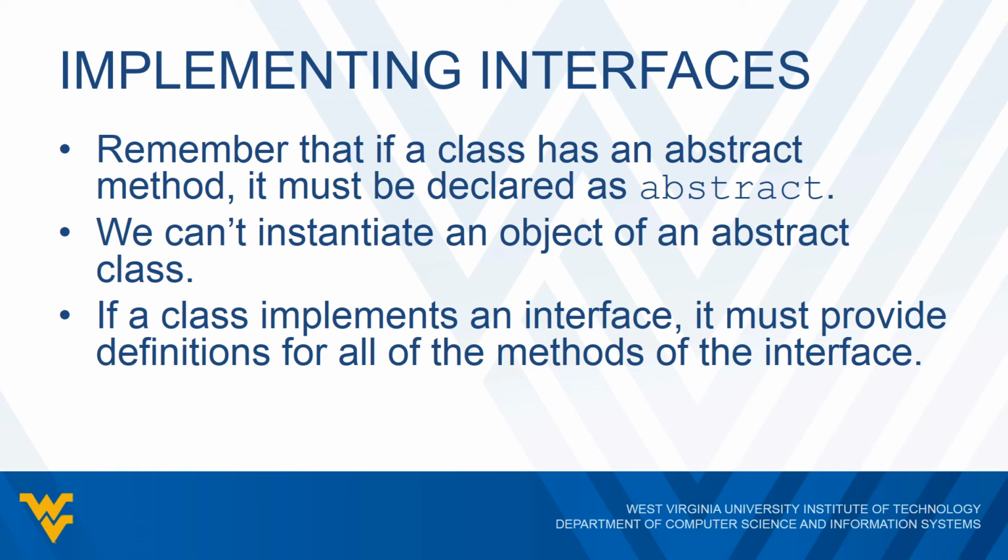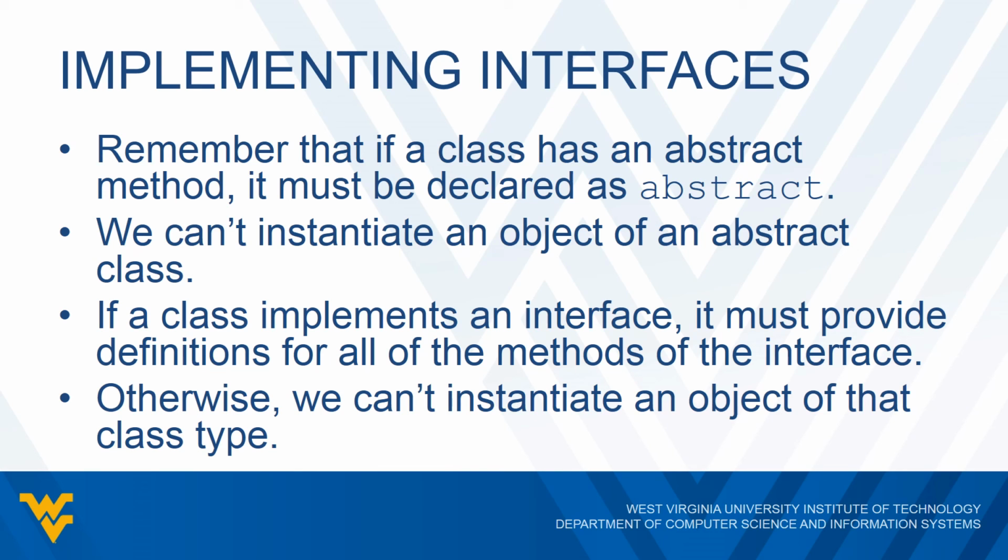We can't just pick and choose which methods of the interface we want to implement. We have to provide definitions for every single method in that interface in order to instantiate the object. Because if we don't do that, then we cannot instantiate an object of that particular class type. So just make sure that whenever you implement an interface, you have to provide definitions for every single method of that interface.